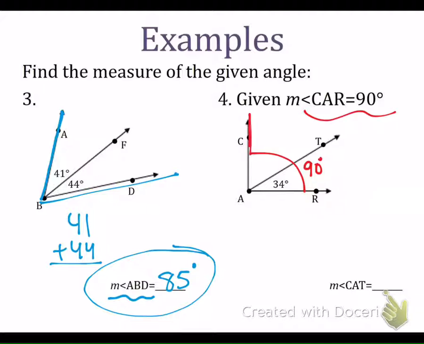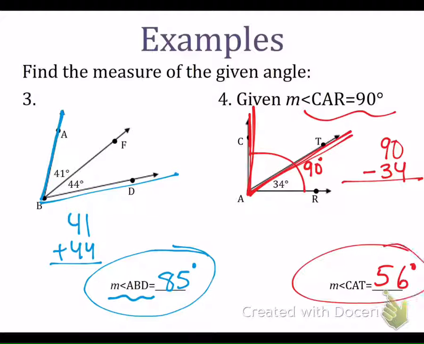I'm looking for the measure of angle CAT. What would I do? You subtract the whole angle minus the small angle you know. 56. Good. 56 degrees is the measure of angle CAT.